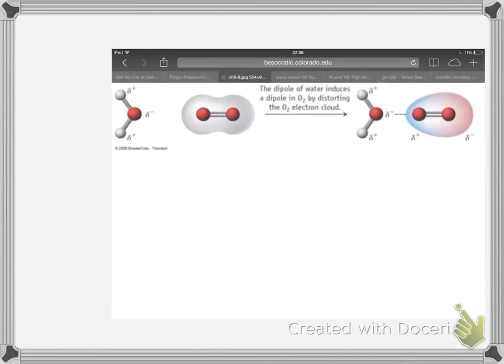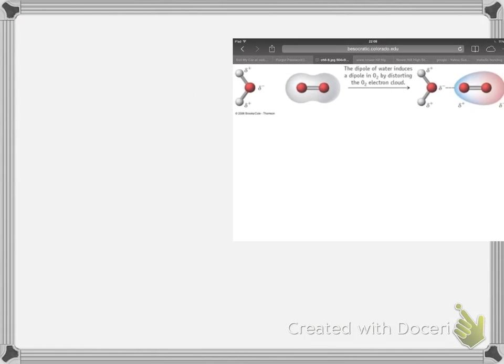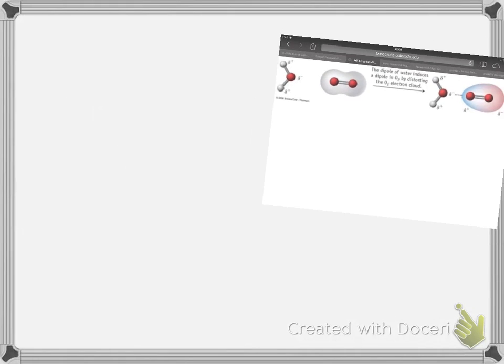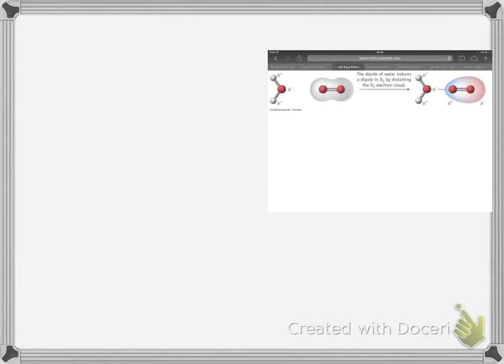An induced dipole is one where we can look at a completely non-polar molecule like oxygen. The oxygen can go next to a polar molecule like water. That delta negative charge forces the distribution on the oxygen to be disturbed, because of electron repulsion.